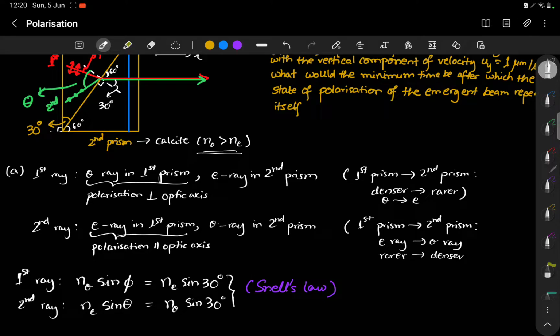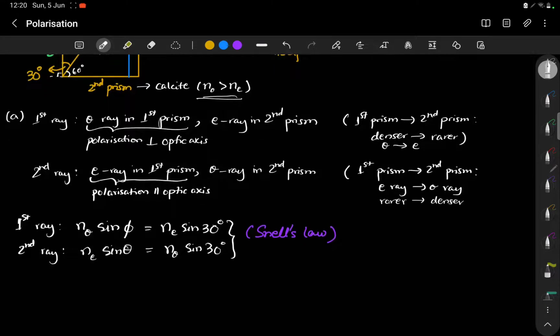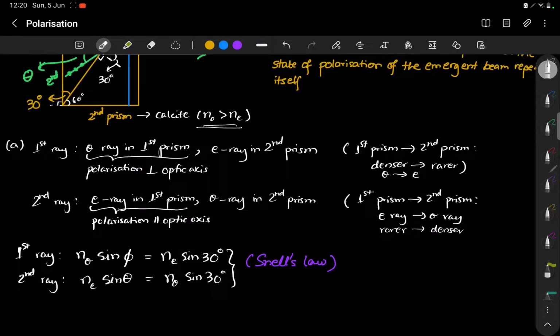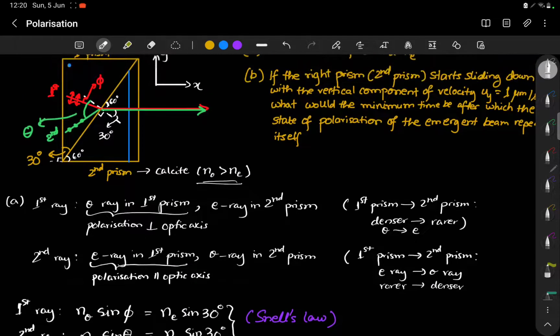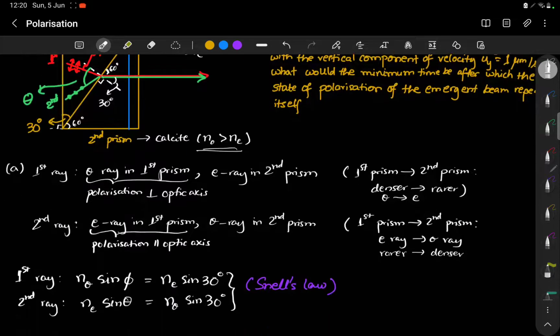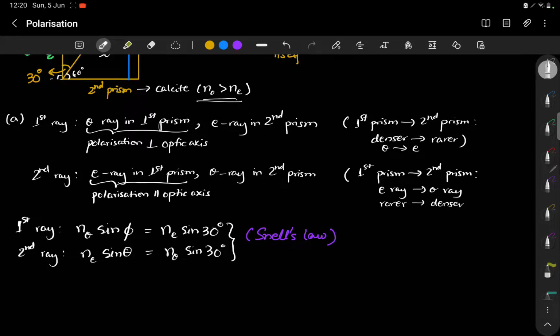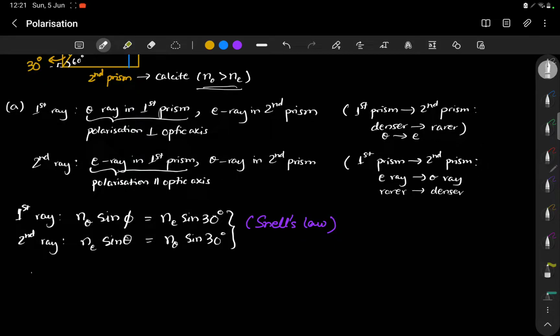Now we will use these two relations to solve for theta and NE. Since there are two unknowns, theta and NE, we are given the value of NO, and we have the relation of phi with theta. So let us try and simplify these two relations. From the first relation, we have the following: NE sine 30 degrees is equal to NO sine phi, and sine 30 degrees is half, so we have NE by 2 is equal to NO sine phi.